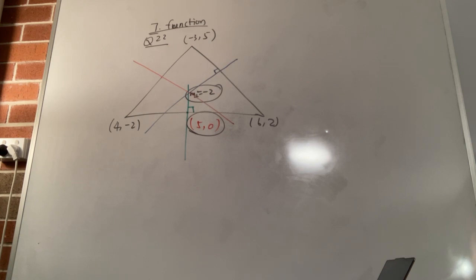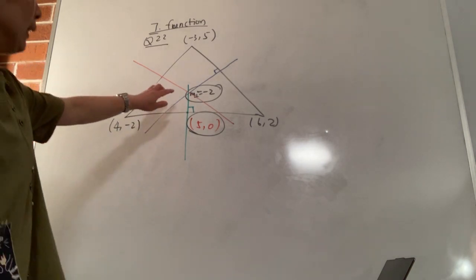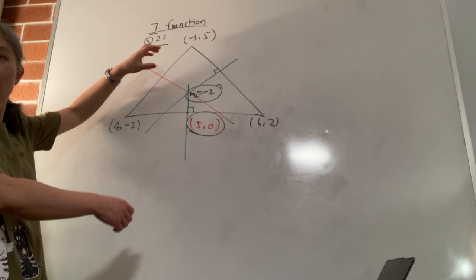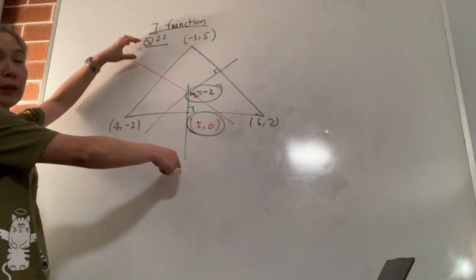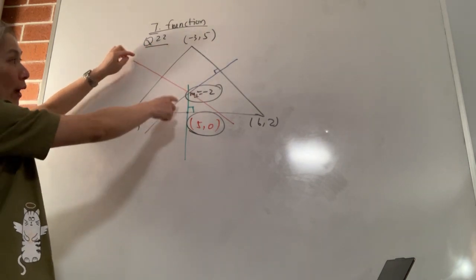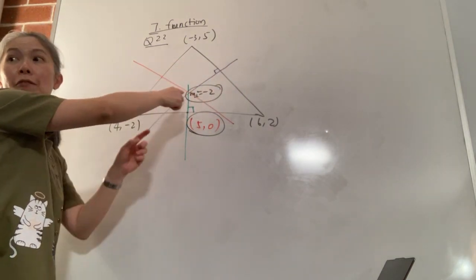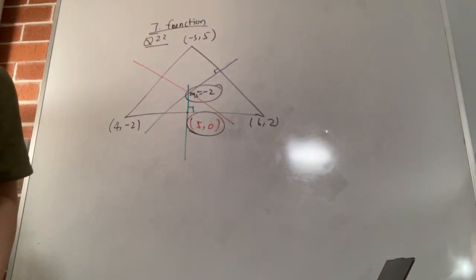Okay, now the second question. You've got one more equation to find out, right? Then you show that they meet at the same point. So you want to see they all meet at the same point. You have this equation here, you have that equation there. So solve simultaneous equations on these two and find out where they intersect.